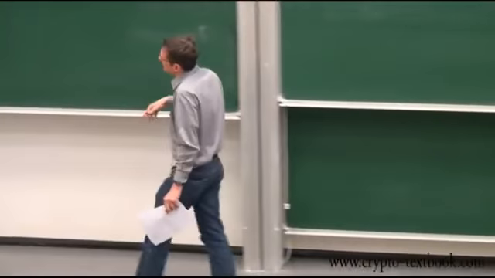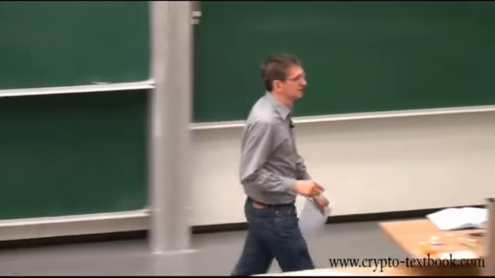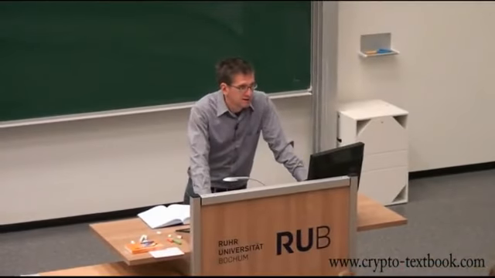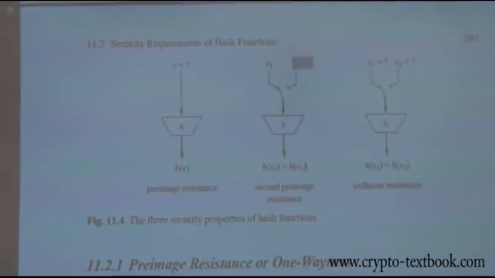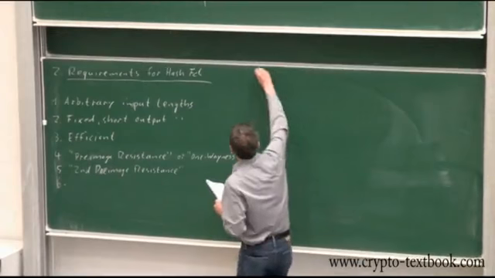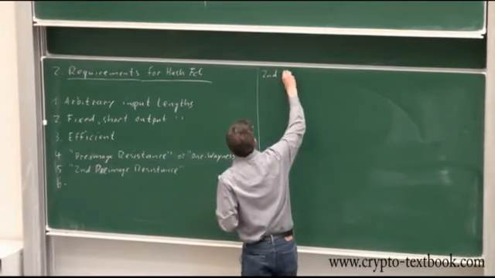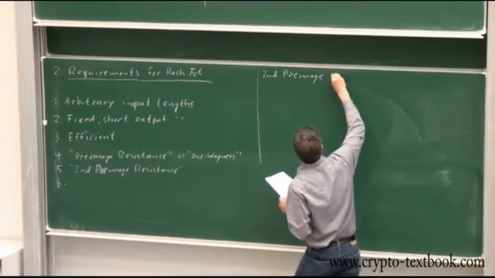So second pre-image resistance means what you see here: given is x1 and the output, and now an attacker should not be able to compute x2 with the same hash value. Why is that important? Let's discuss it a little bit. Second pre-image attack.